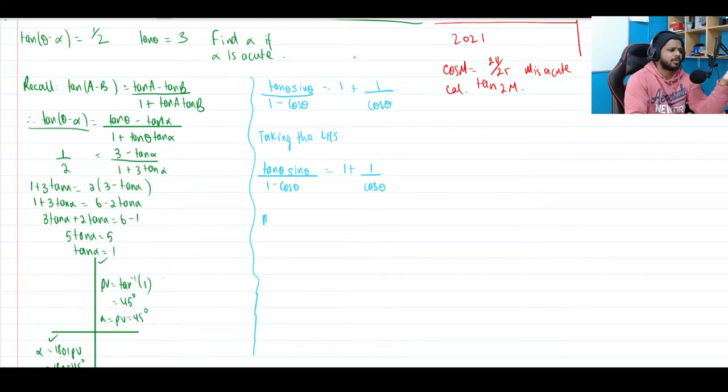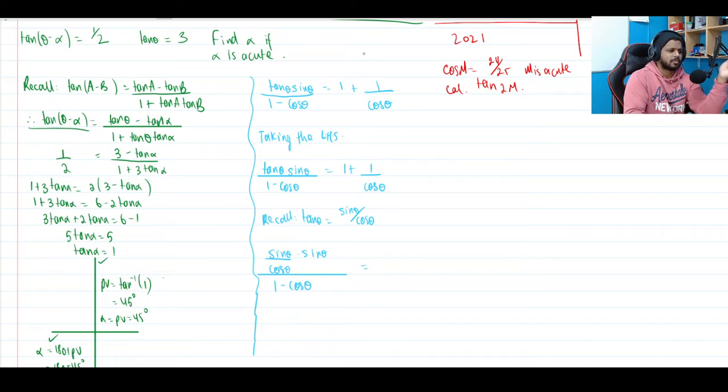So I recall that tan theta is sine theta over cosine theta. So look at my numerator. My numerator becomes sine theta over cosine theta multiplied by sine theta all over 1 minus cosine theta.